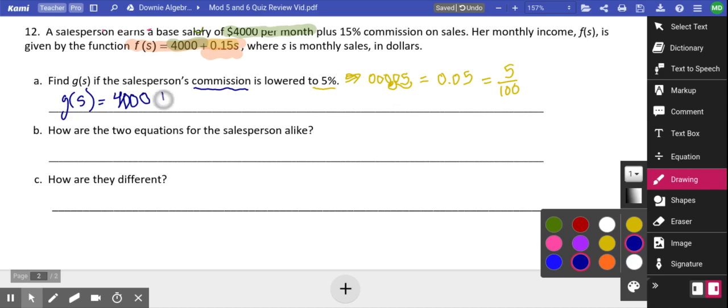But instead of adding 15% commission, I am now going to add my 5% commission, that 0.05 times her sales, which was represented by s. So g of s is equal to 4,000 plus 0.05s.